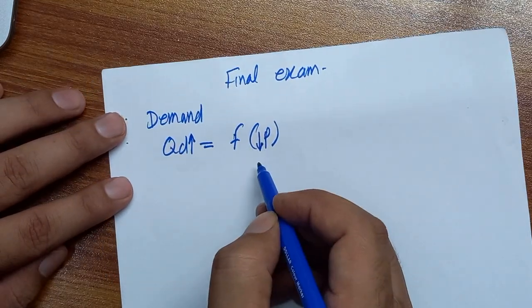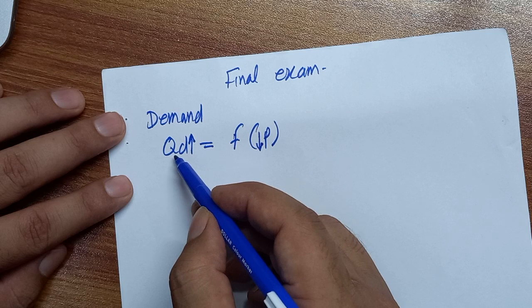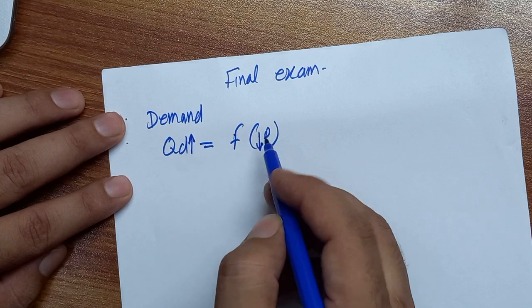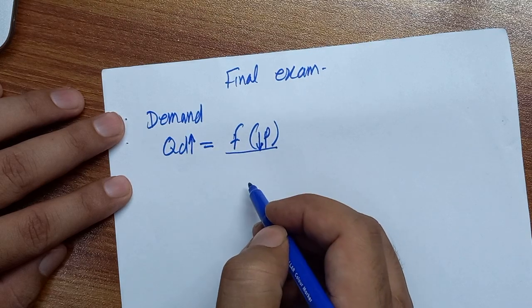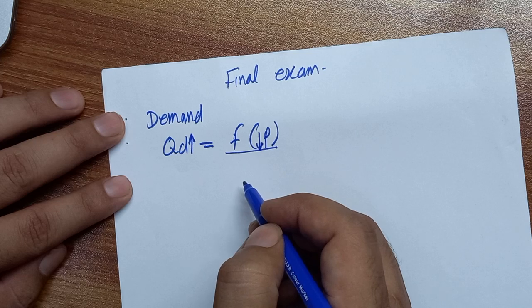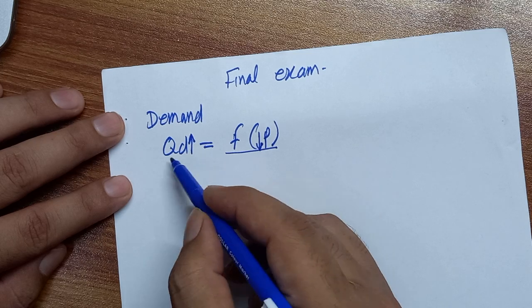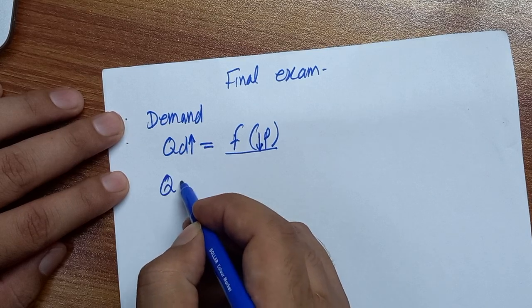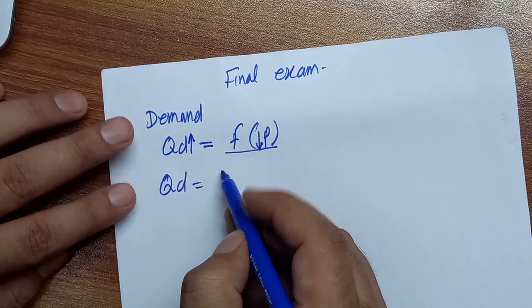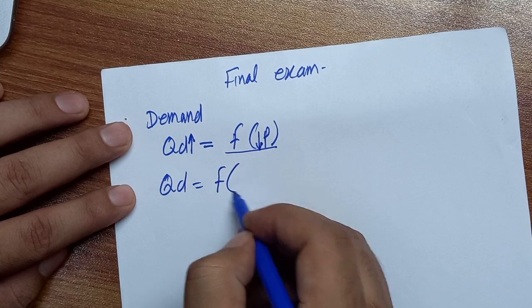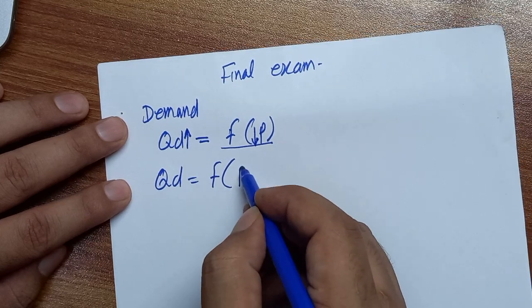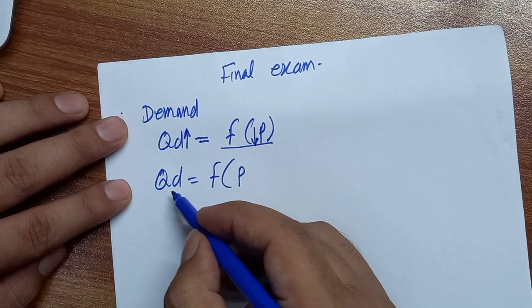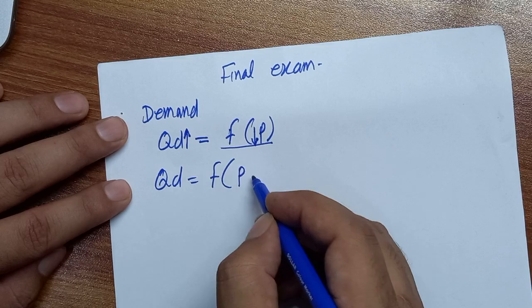Now it is not necessary that the quantity of demand is only affected by price. We have some other factors also which affect the quantity of demand. So those factors are: QD is equal to, we have some other factors. One factor is price of the good.